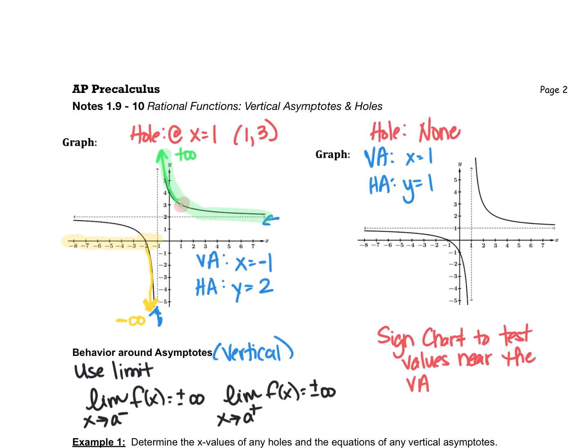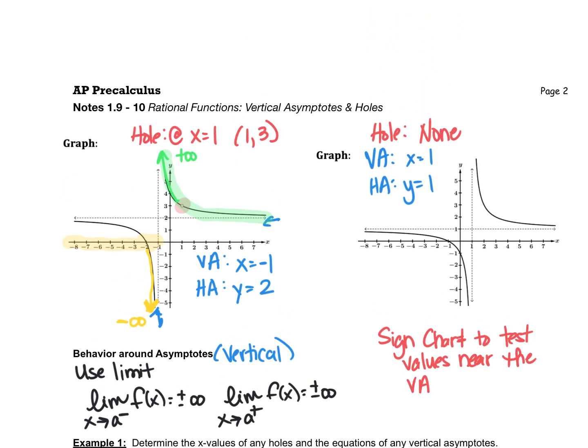But jump down here with me for just a second. Well, actually, you know what? Let me give you the limit statement for this second graph up here. I changed my mind. All right, let's go up here and let's write limit statements around this asymptote, okay? So we've got to do two. We've got to do the limit as x approaches something and the limit as x approaches something. What did we say we thought our vertical asymptote was looking at the graph? Yeah, it's 1. So we have 1 from the left, 1 from the right. We're going to just call our function f of x.